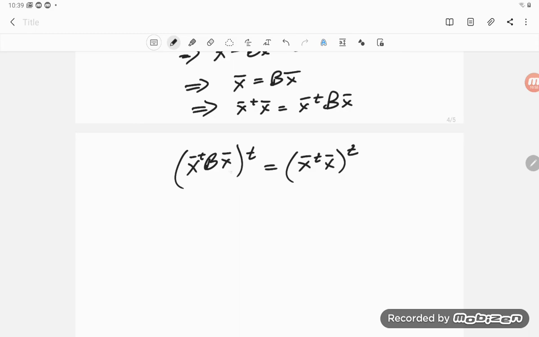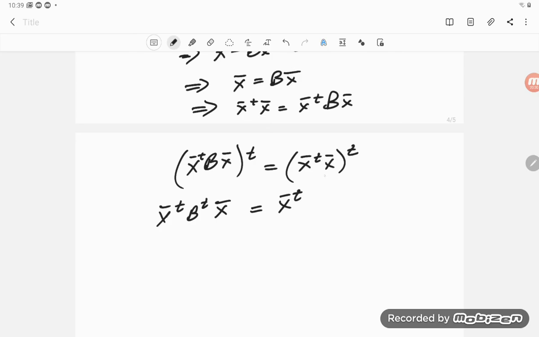We reverse order and take transposes. On the left, that's X transpose, B transpose, and then X transpose transposed, so two transposes, and I just get X back. And here, I get that same thing.